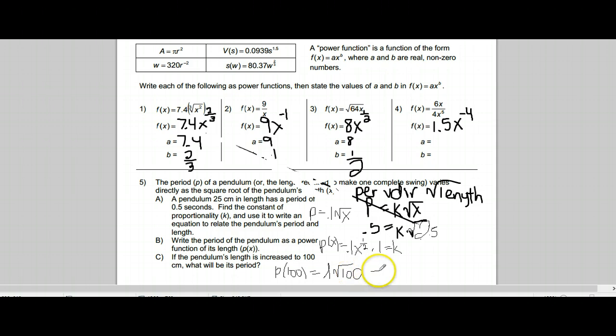Then that will equal, well, square root of 100 is 10. 0.1 times 10 is 1. And since we're finding period, period is denoted in a unit of seconds, so this would be 1 second. Okay, the period will be 1 second.